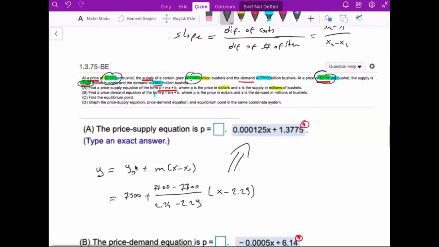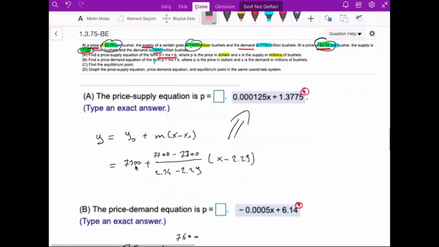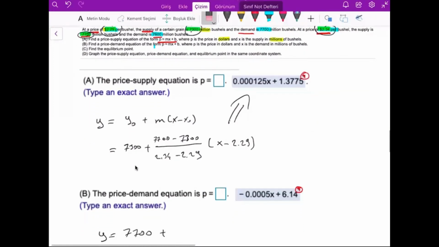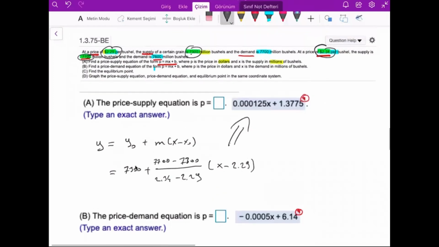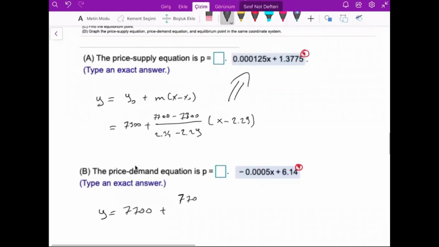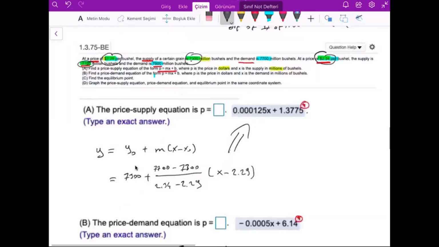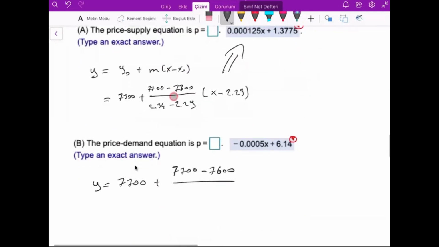No, this is the big one. Okay, let's choose the big one. I don't want to write the negative value. So 7,700 minus 7,600 over, what is the price when the demand is 7,700? 2.29. Anyway, it will be negative.